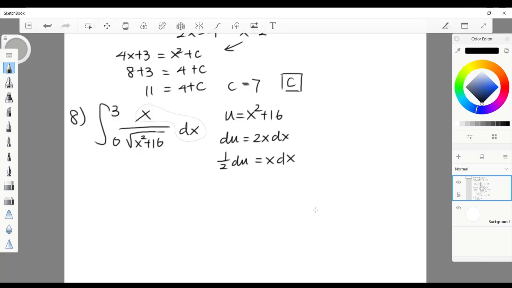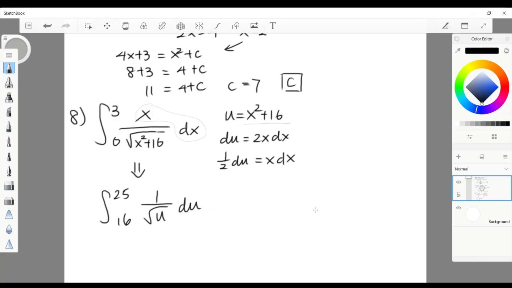Since this is a definite integral, we can plug x squared plus 16 into the bounds. Then this will give us 25 and 16. And since this will cancel out, we will have 1 over radical u du after the u sub.